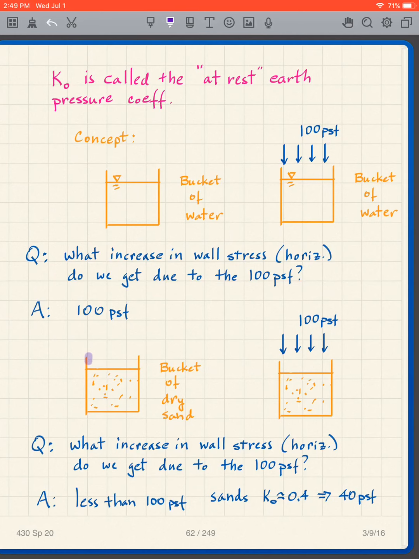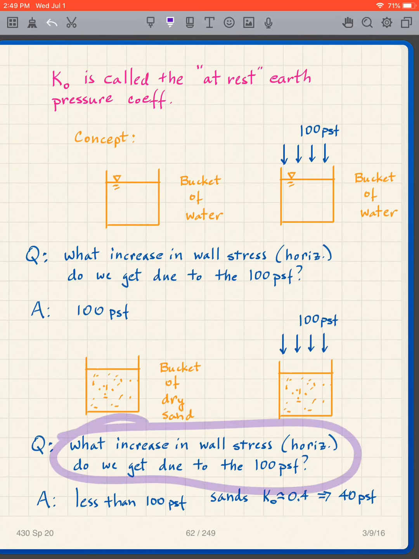But now let's take a bucket of dry sand and do the same thing. So I have my bucket of dry sand here, and now I'm going to apply 100 psf downward. And the question is, what does the wall feel now? It's not water, it's sand. So what increase in wall stress do I get due to the 100 psf?